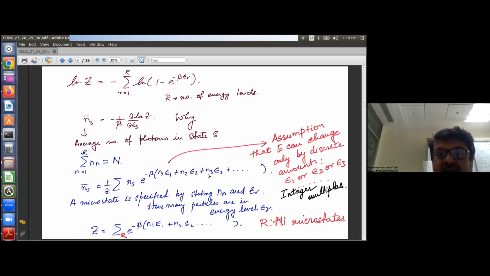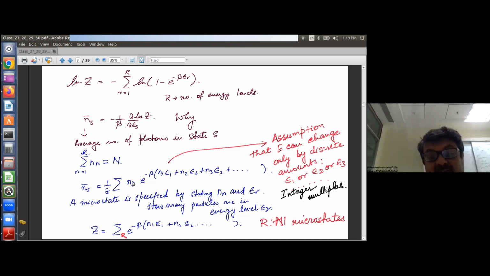Suppose s is 3. Now with 3 photons in energy level epsilon 3, you can have a variety of n1, n2, n4, n5, n6, right? But all of those microstates correspond to ns equal to 3.